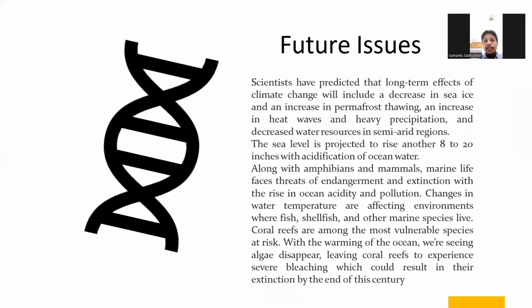The sea level is projected to rise another 8 to 20 inches, with acidification of ocean water, along with amphibians and mammals, marine life facing threats of endangerment and extinction with the rise in ocean acidity and pollution.